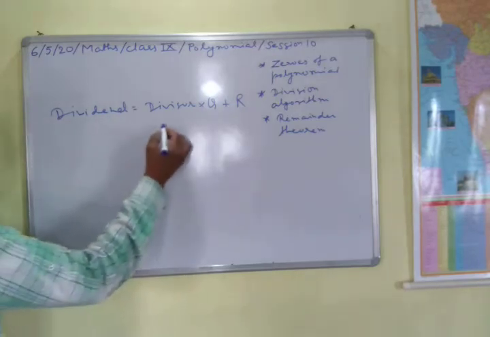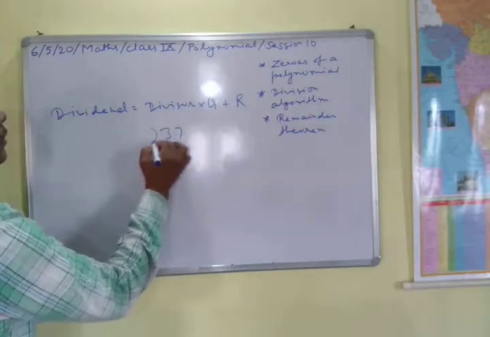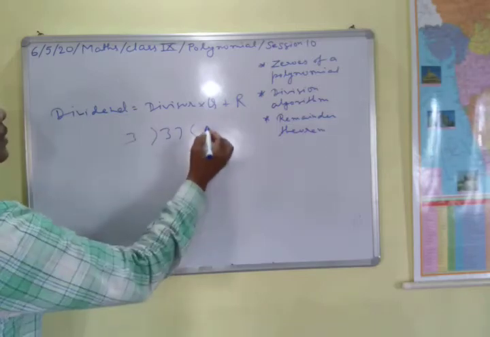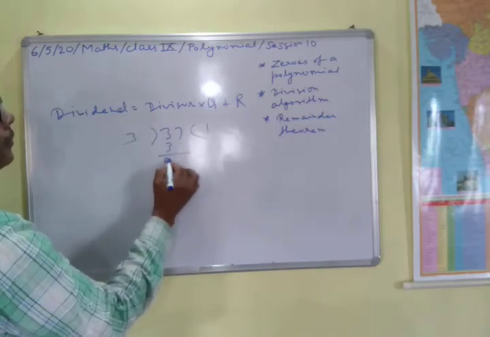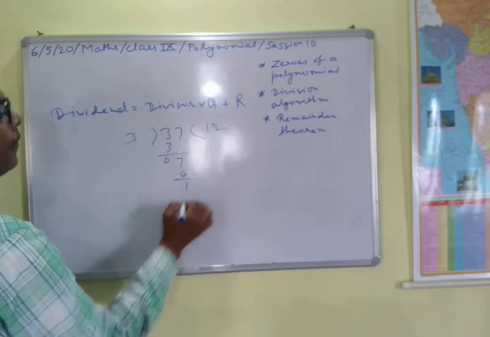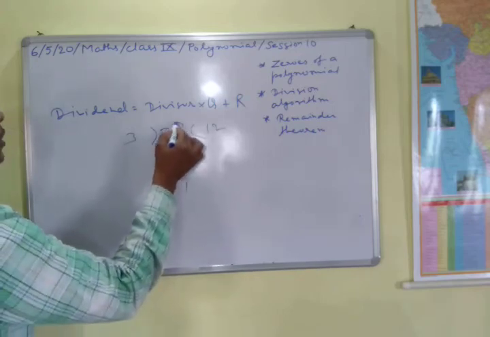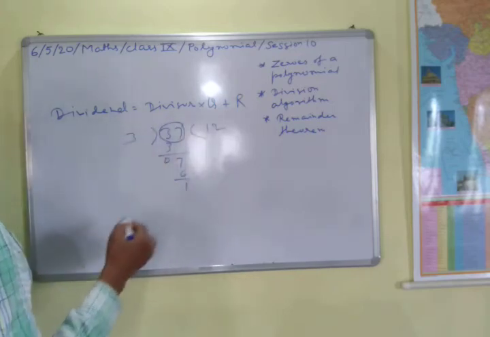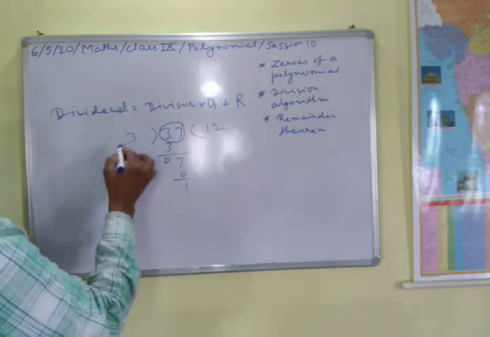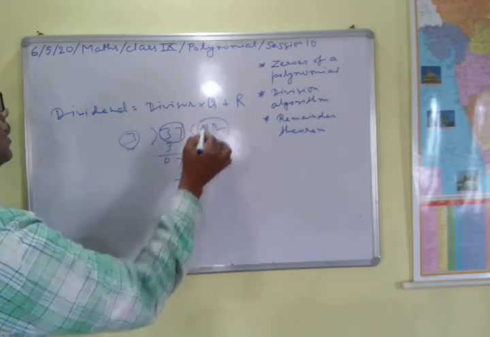So whenever you divide any number, like 37 by 3, you get quotient 12 and remainder 1. See here, this is called the dividend, this is the divisor, this is the quotient, and this is the remainder.